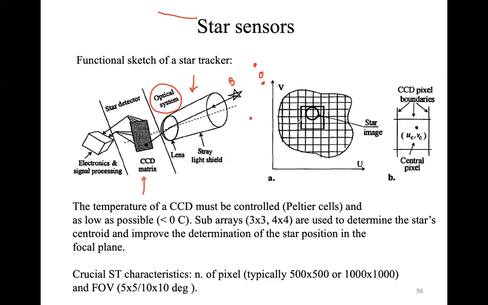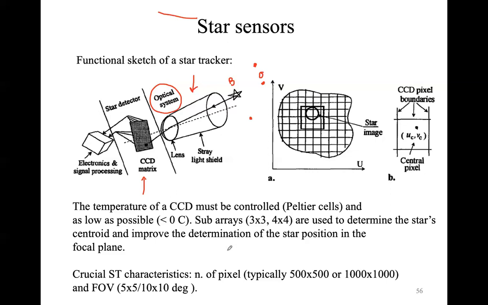So basically, if you are able to increase your number of pixels, you are able to have a finer partitioning of the area of the sky or the region of the sky that you are looking at.